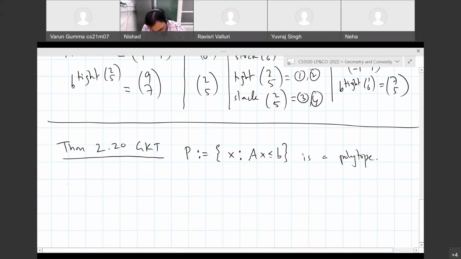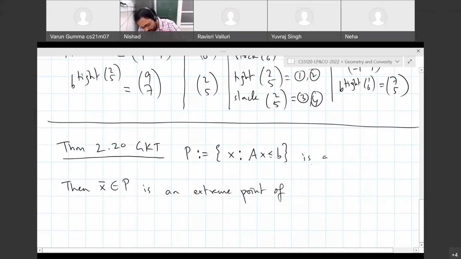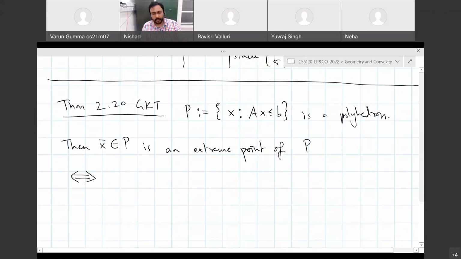And the claim is that any point x bar of this polyhedron, sorry, I should write polyhedron, my bad, is an extreme point of the polyhedron if and only if the rank of the matrix corresponding to the tight constraints is exactly equal to n, right?